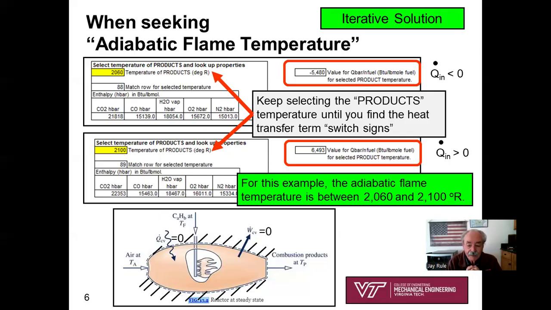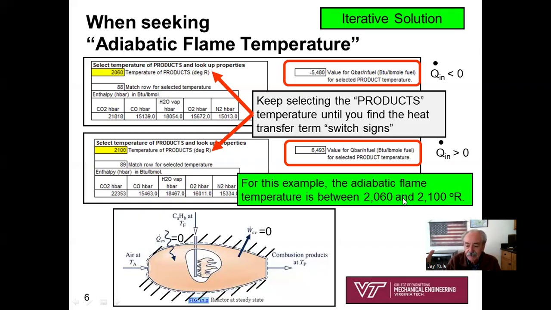And so I hope that I've demonstrated how you can use my heat release generic tool to look for the place where the Q value, Q over N, Q bar, switches sign, S-I-G-N, and that tells you that you have bracketed, and here it is, this T sub P in the sketch, that would be a number, let's say 2080.